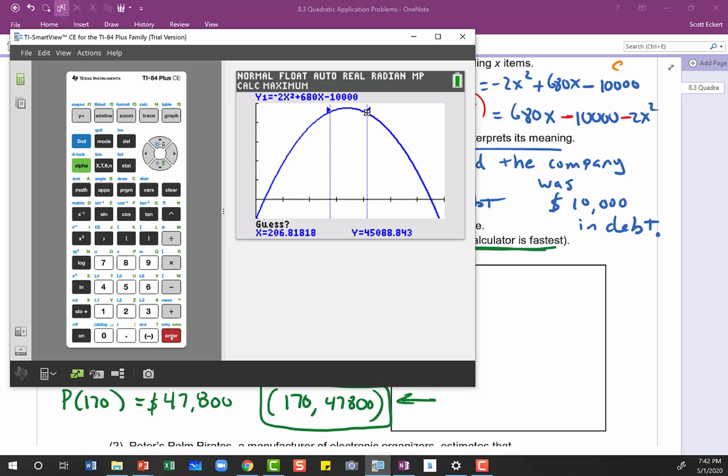And then I need to guess. So third time, hit enter. And I'm noticing at the bottom 170 with a tiny round-off error in the calculator. So 170 and 47,800. So that is confirmation. My solution is good. Okay, and we can use that as a quick sketch here.